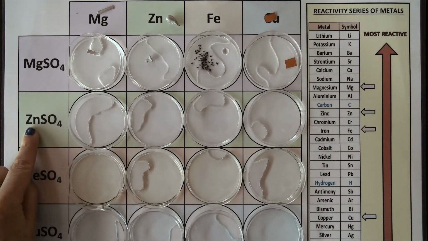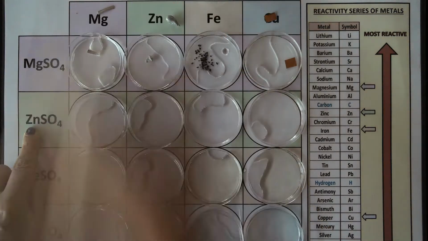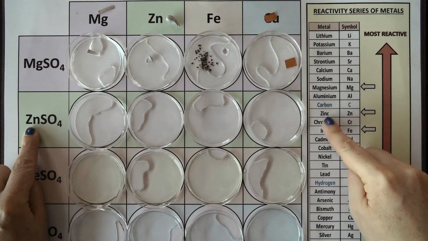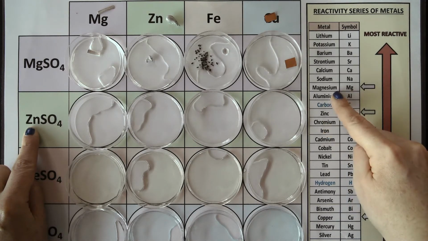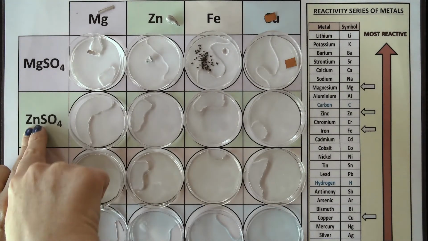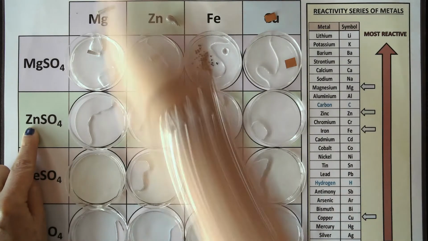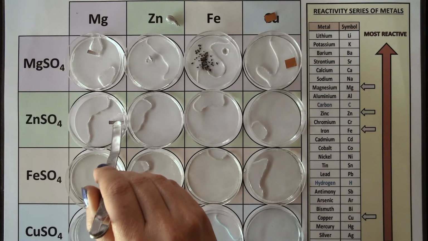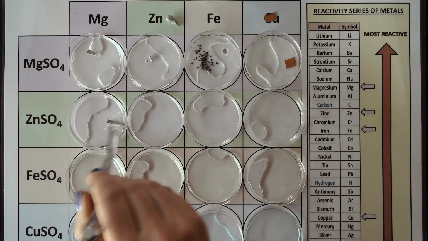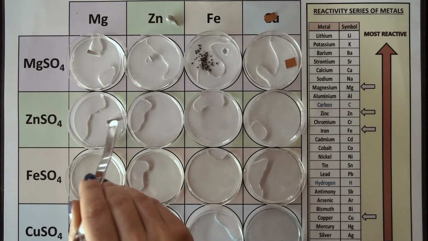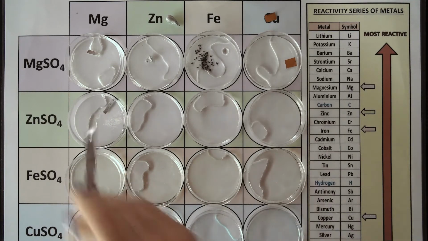Now I'm going to move on to this row. So I am reacting zinc sulfate with magnesium. So we can look at our reactivity series. I have got zinc, which is here, and I've got magnesium, which is here. So the magnesium should displace the zinc from the zinc sulfate, and we should see a reaction. What you can see is there are tiny bubbles being released that show me that something is happening inside this Petri dish, which means there is a reaction.